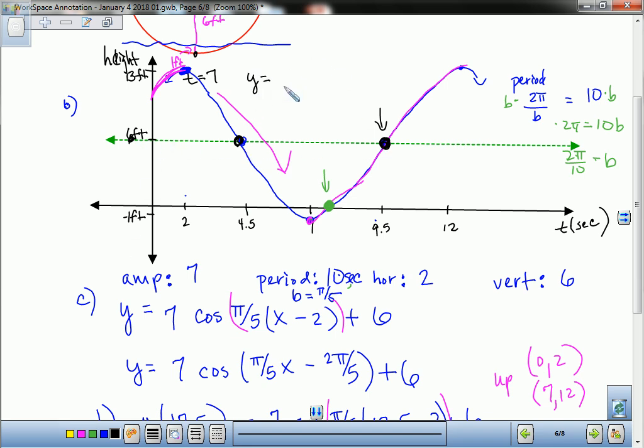Would the amplitude change? No. With the period, would your B change? No. Just your shift. So if you did move it back, which would be the easiest thing to do, left or right?